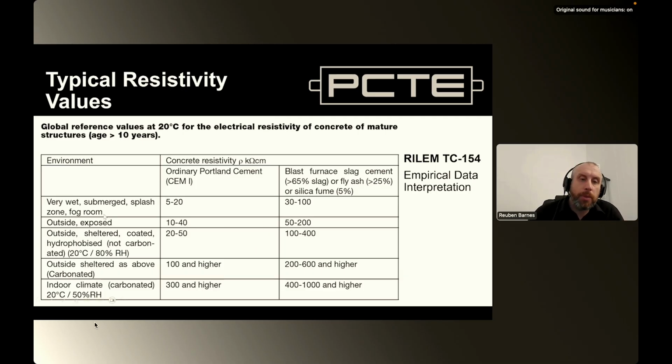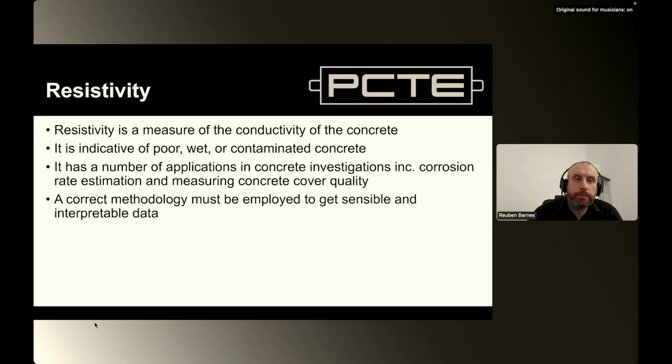Okay, but then we can also note there are environmental effects as well. So we've got the material effects at the top, and then we've also got these environmental effects to the side here. This table here is from Reuben. I believe they're Dutch. I've shown a couple of slides or a couple of criteria from Reuben. It's quite a good organization if you're looking for references on corrosion tests.